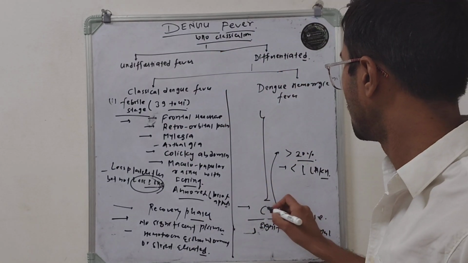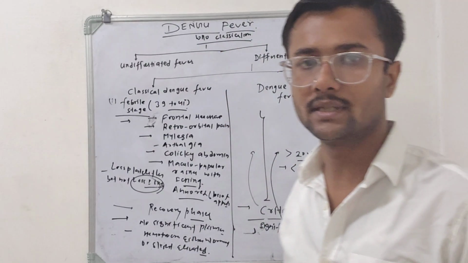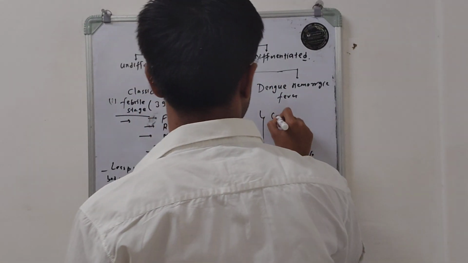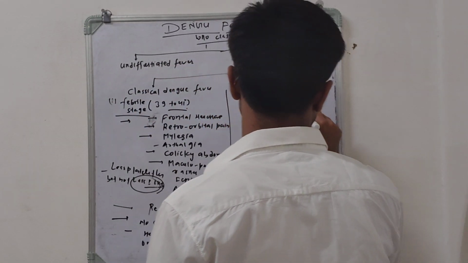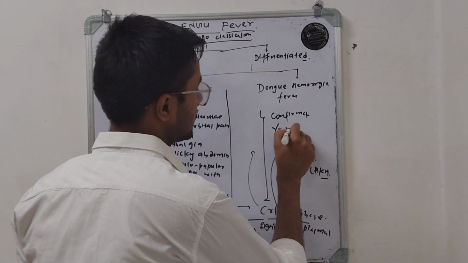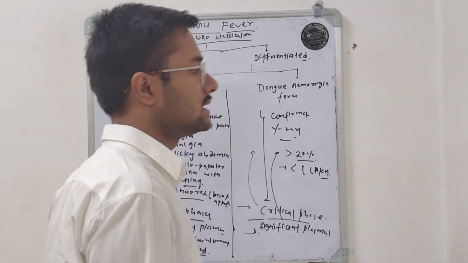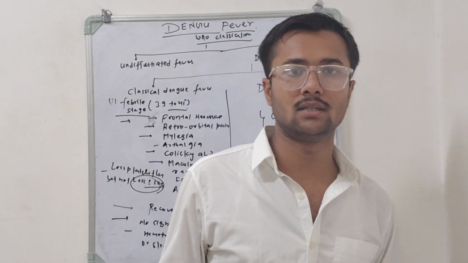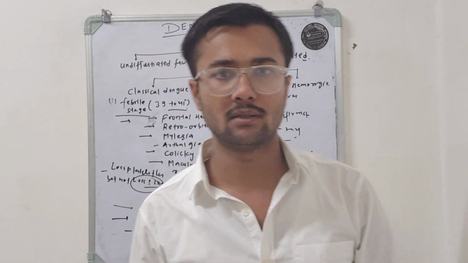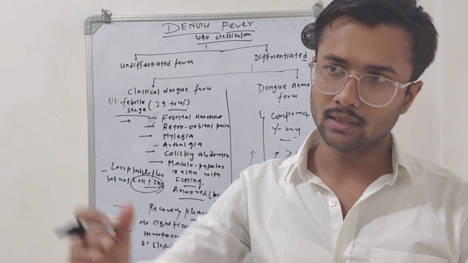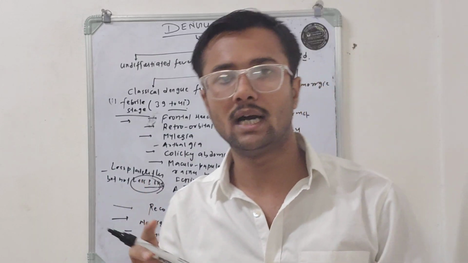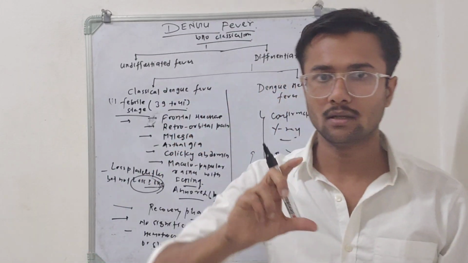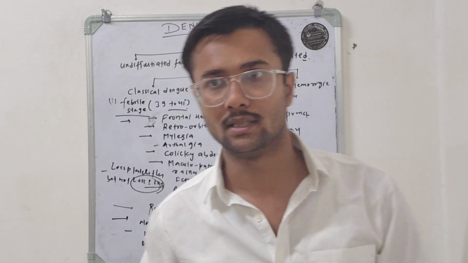For confirmation, what do we do? For confirmation, we go for an X-ray. Because if a patient has a significant plasma leakage, this plasma also accumulates in the pleural cavity.